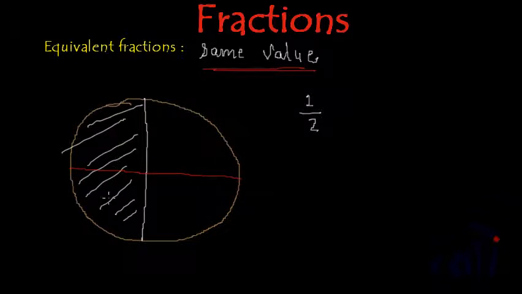This part I have divided into 2 equal parts, and the right hand side also I have divided into 2 equal parts. Then the pizza has actually got divided into 4 parts, and the same fraction can now be written as 2/4. 2 parts which I have shaded, right? And 4 are the total number of parts, isn't it? And as you can see, both of them are same, right?